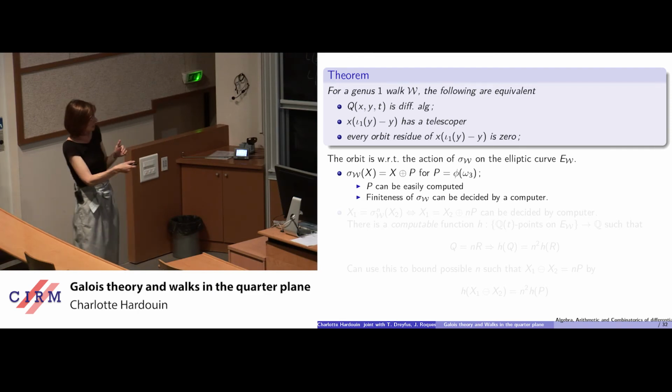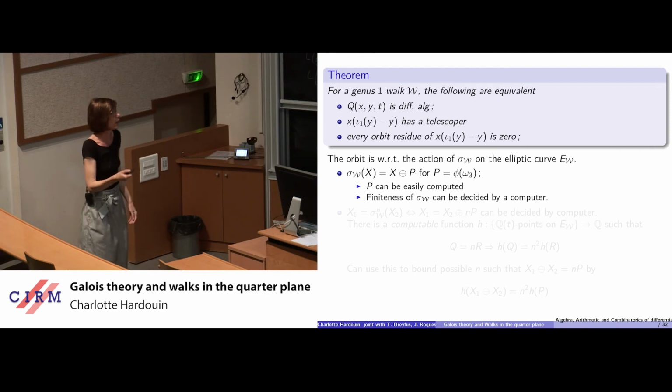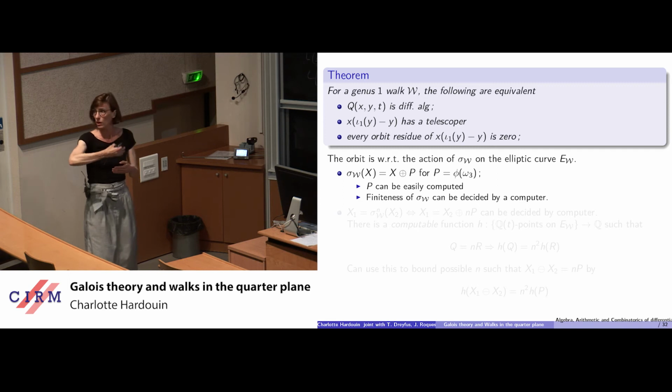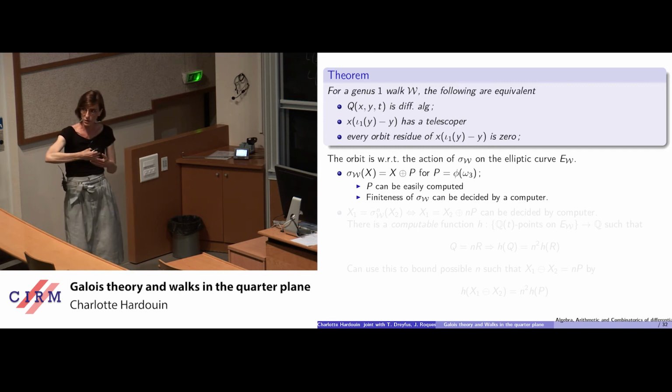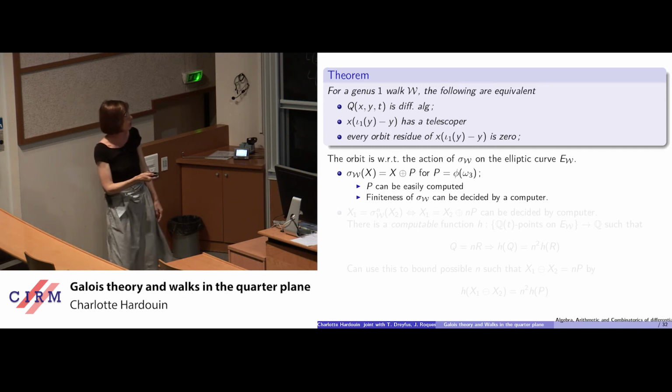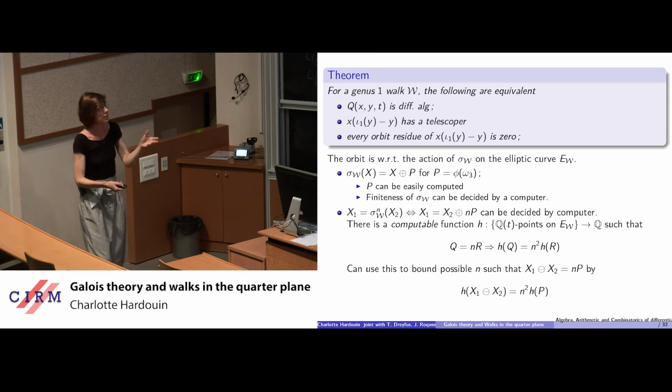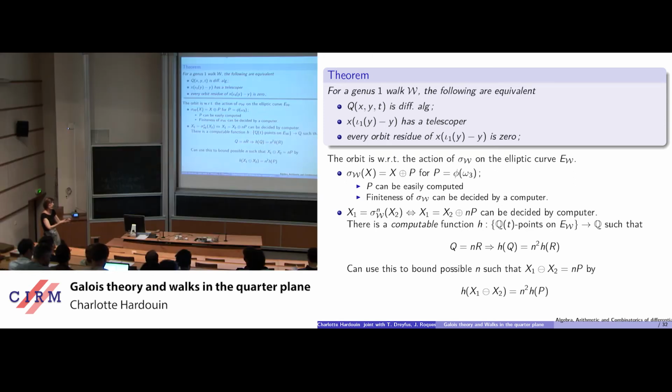And something that is hidden in the t variable is that, in fact, you can consider t as a parameter, and instead of having one elliptic curve, you have an elliptic surface. And so you can use machinery of 8 to decide if 2 points are related into an orbit. So for instance, if you want to know if x1 is sigma n of x2, then it's equivalent to this thing.